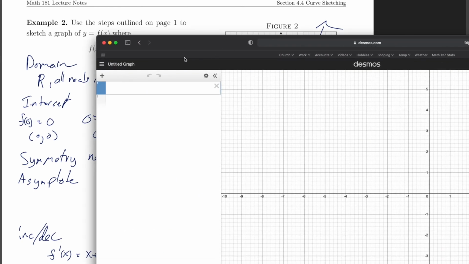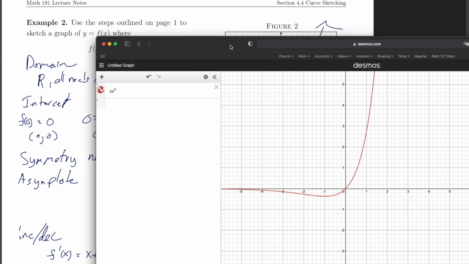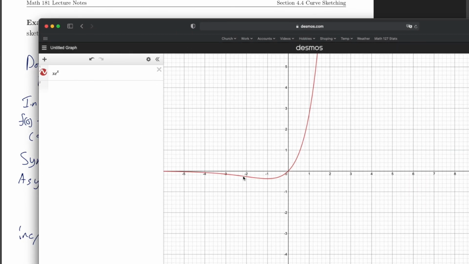So let's just graph x e to the x. And look, our little picture here looks very, very much like the picture we have there. It comes in, at minus infinity comes down. Here we have concave down, then it goes to concave up. Here's our minimum. It goes to the origin and then goes up to infinity.